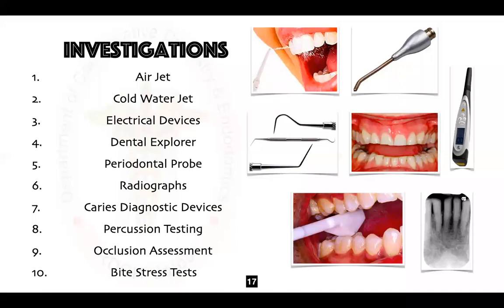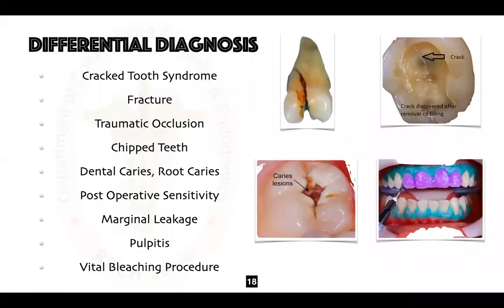Slowly, gradually, when we introduce you to subjects like fracture, you will know exactly how to differentiate between the diagnoses. We can go for a trans-illuminating dye to detect the fracture line also. How do we differentiate between the diagnoses?